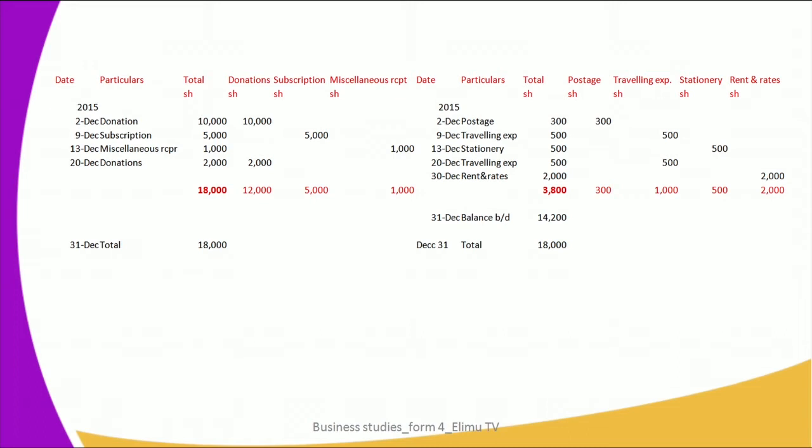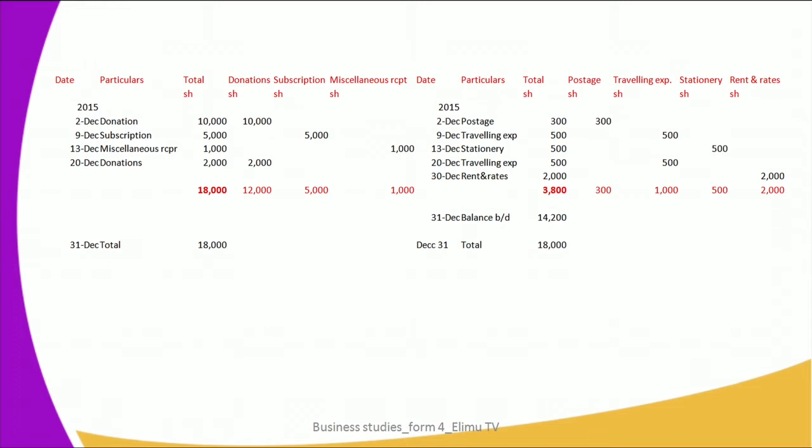So to get this 14,200, we've taken 18,000, subtracted 3,800, and that is how we are getting 14,200. As you can see, both sides balance, and their balancing amount is 18,000. That's what you are supposed to do, and I want to believe that's what you did. And if not, rectify where you went wrong.